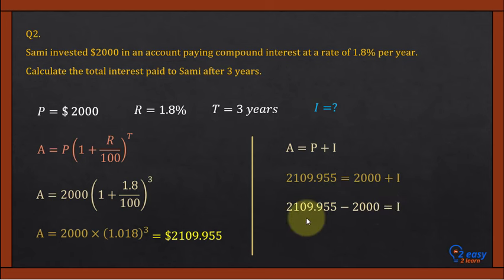So I is equal to 2109.955 minus 2000. So I is equal to $109.955. So you have to round it off. So $109.96. It means that at the end of 3 years, Sami will get an extra $109.96.